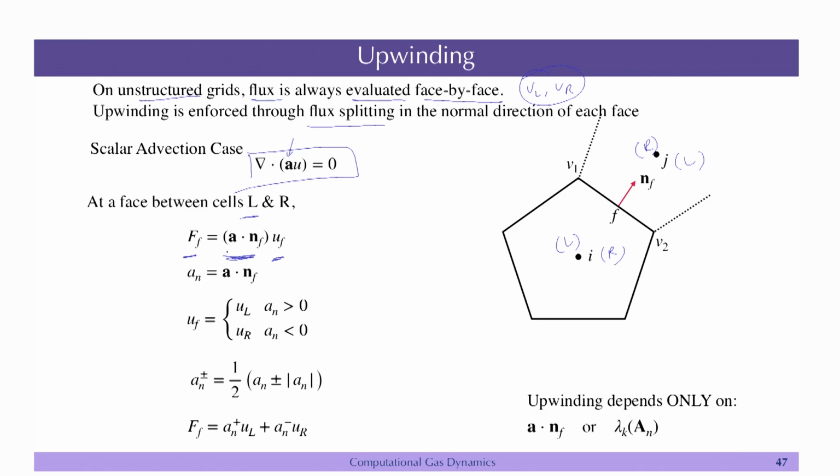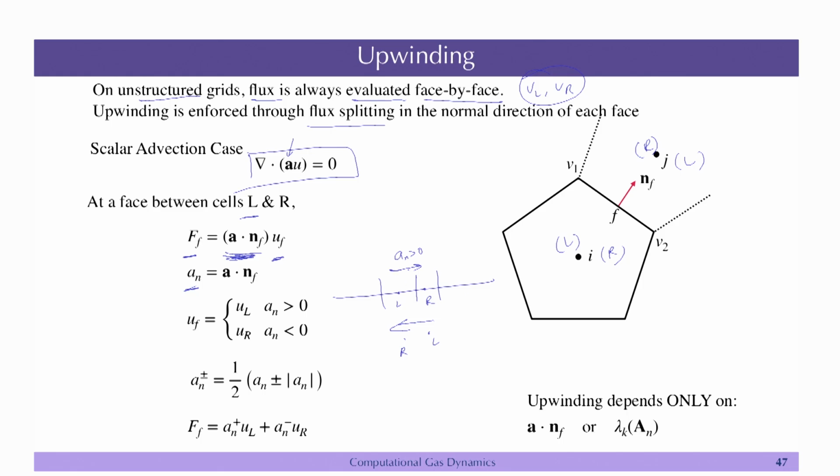So, a dot n_f can be written as a_n. Let us go back to our structured grid, because it is easier to interpret there compared to the unstructured grid. If the convection speed is this way, so if a_n is greater than 0, then this should be your u_L and this is your u_R. On the other hand, if the convection is from this side to that side, then this will be left and this is right.